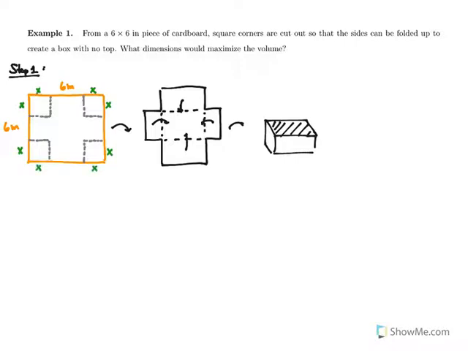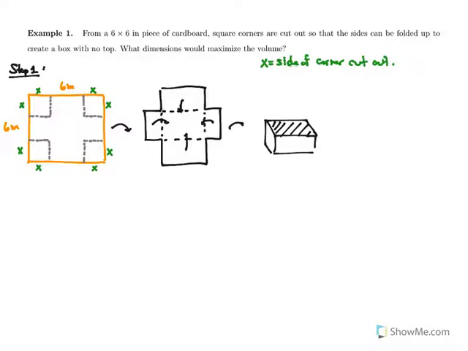We have x all the way around. So that's what our variable is going to be: x is the side of the corner that we cut out.